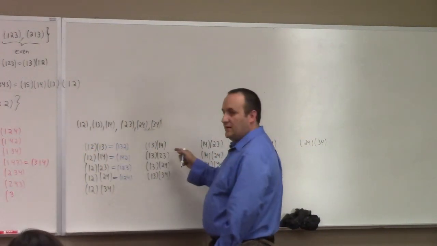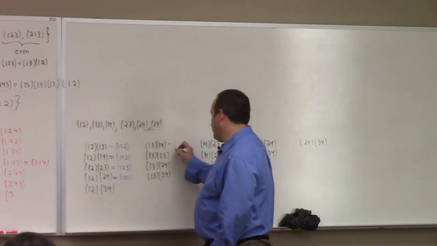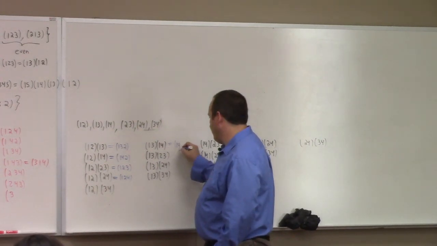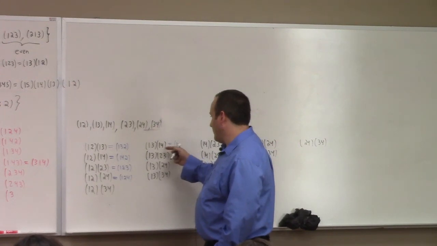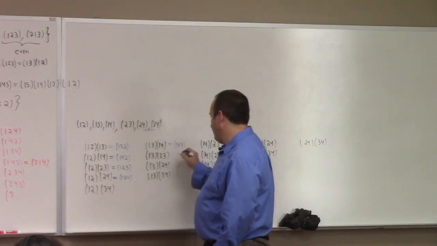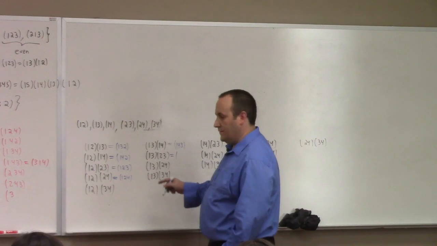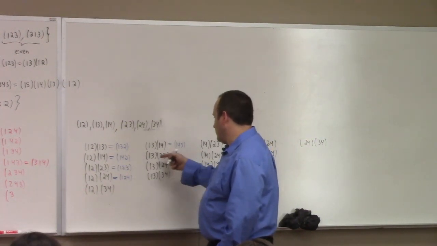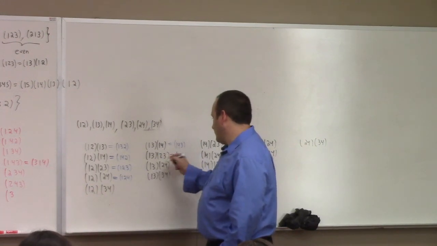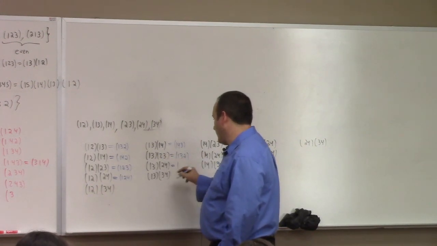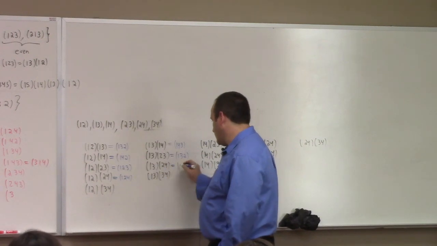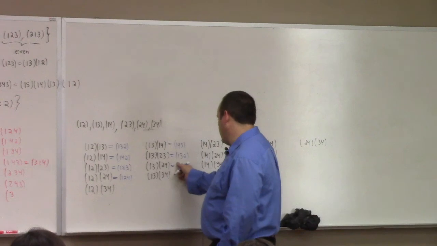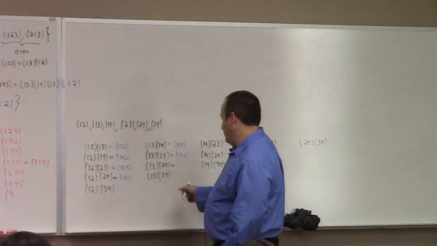Can any of these be simplified? 1 goes to 4, right? 4 goes to 1, 3, right? 1 goes to 3, 3 goes to 2, yeah? You guys correct me if I'm wrong, I'm trying to do these fast. I think what we're missing are the ones that have 1, 2, 3, and 4.